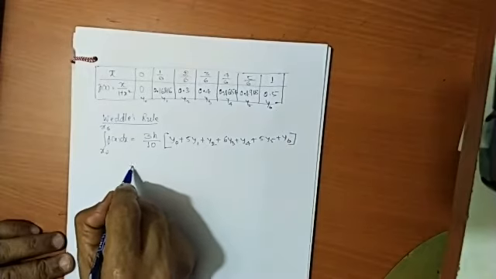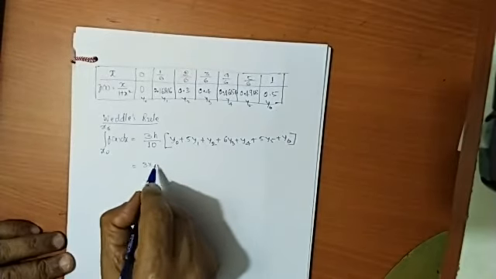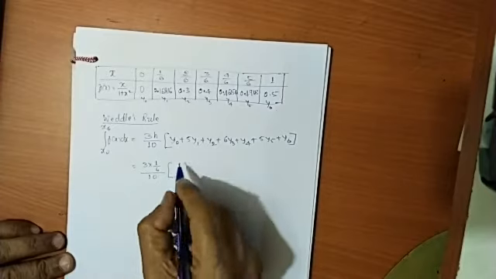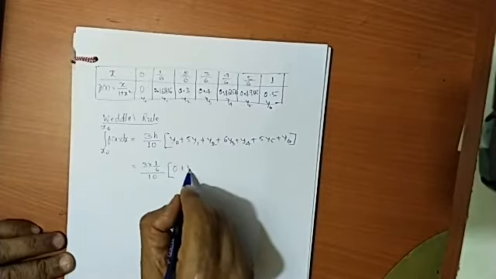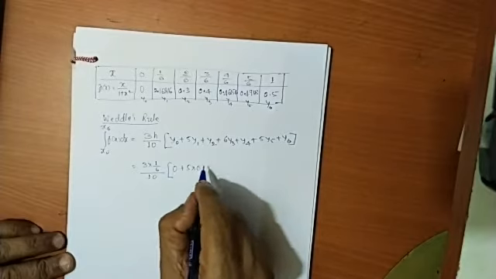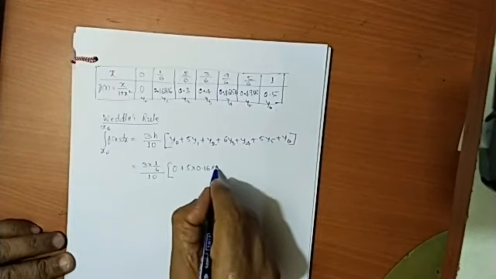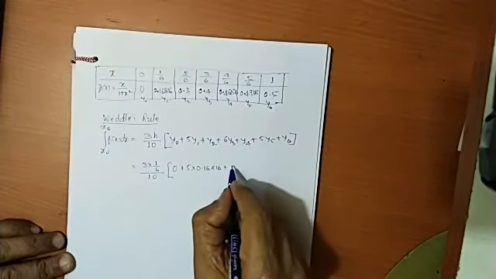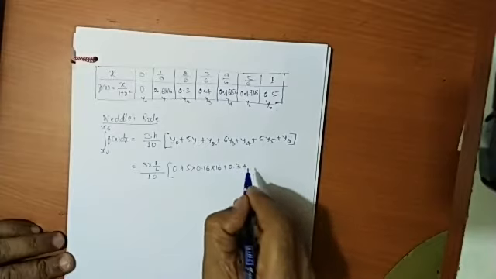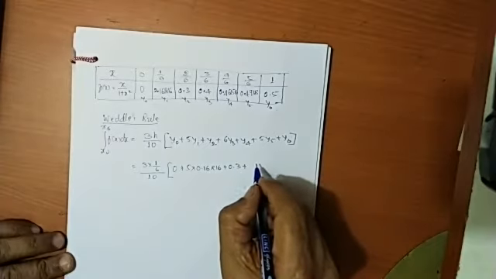So this will be equal to what? 3 times h is what? 1 by 6 divided by 10 into y0, which is 0, plus 5 times y1, which is 0.16216, plus y2, which is 0.3, plus 6 times y3.